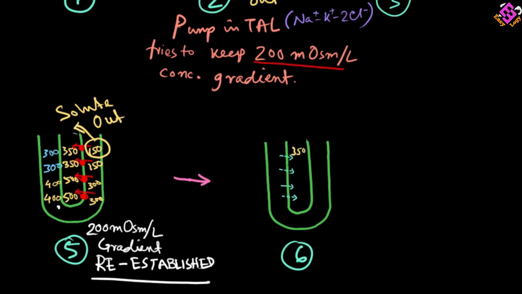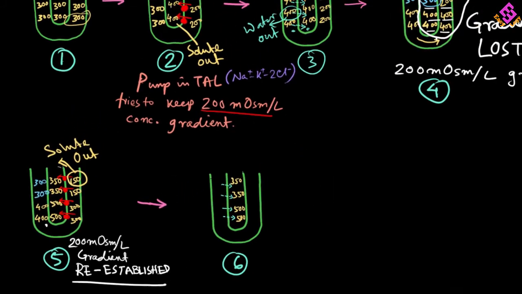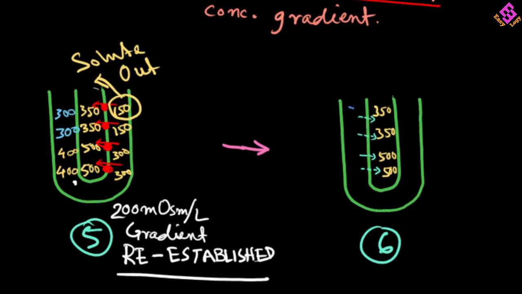At first write the interstitial osmolarity, then equilibrate. So in descending limb the osmolarity will be equal to the interstitium. So write this as 350, this will be 500 and this will be also 500.